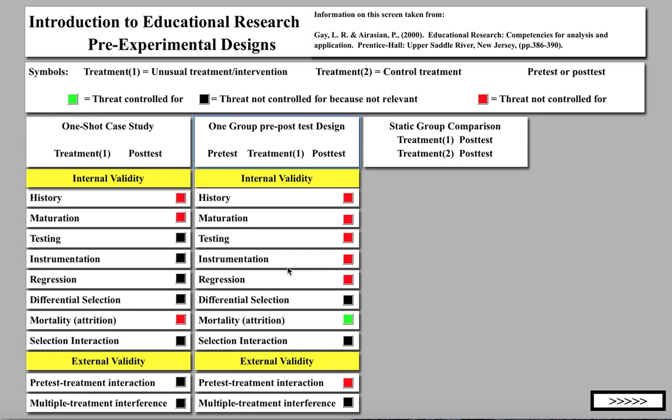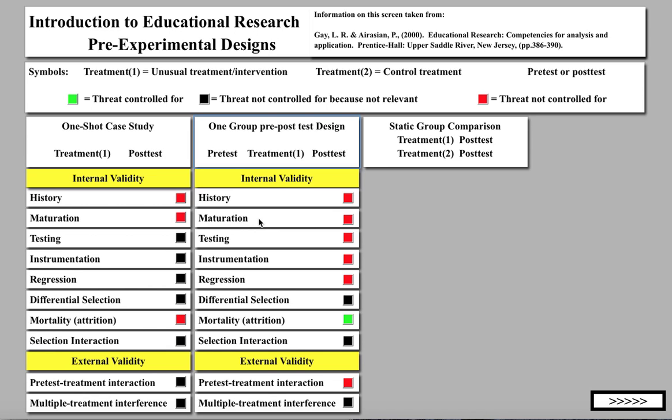History and maturation are not controlled for, as you see here by the red boxes. Something significant could happen either during the length of the research, which would be a historical threat, or there could be some kind of differential maturational levels within the class group.